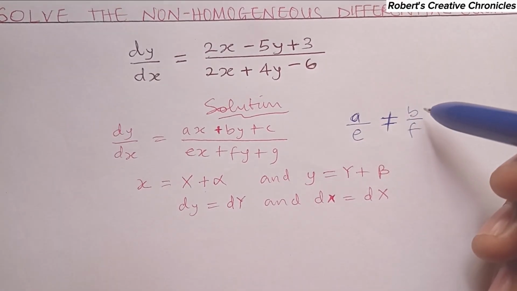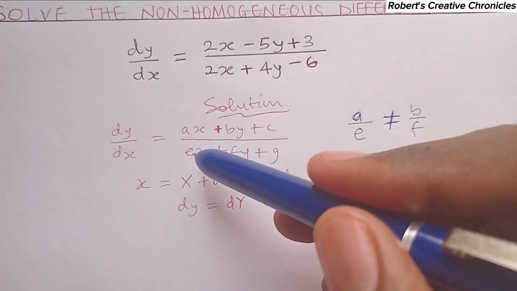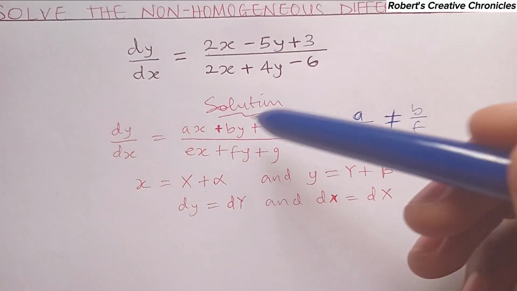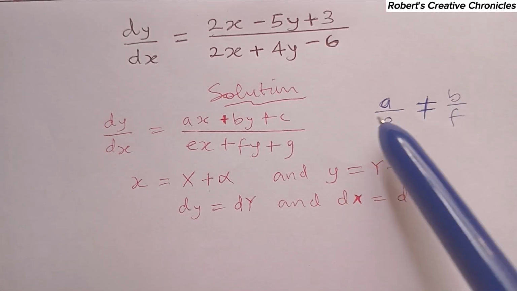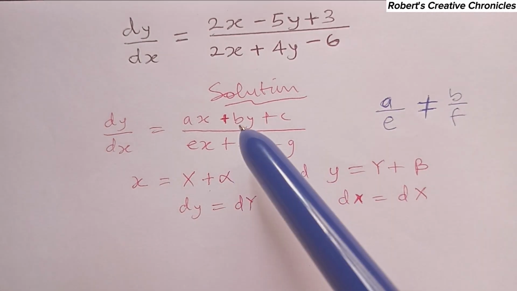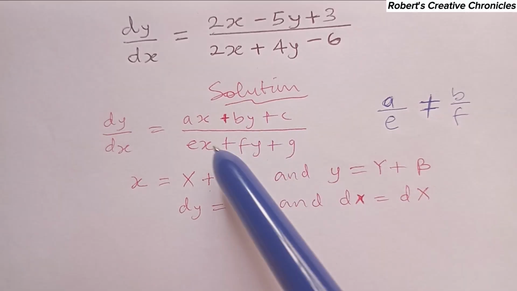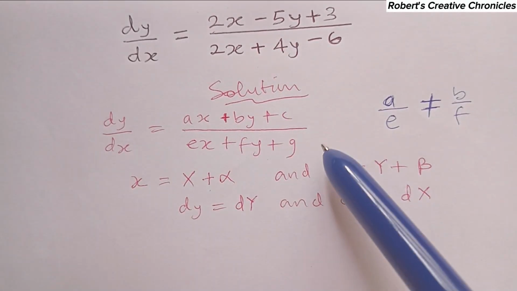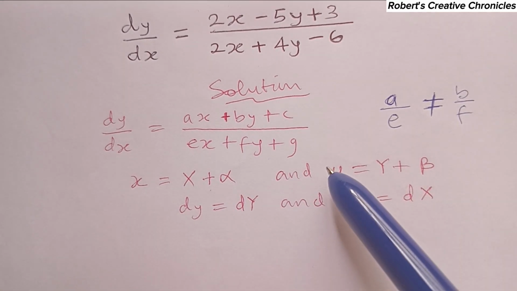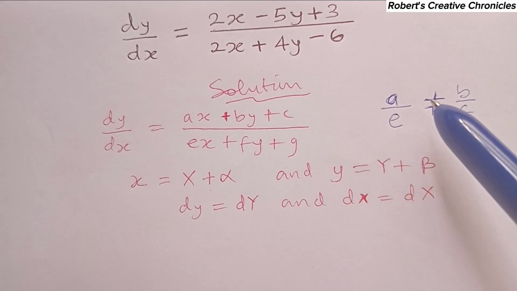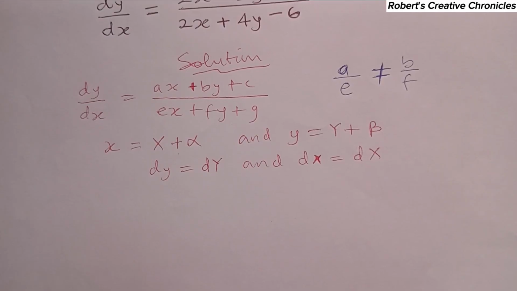Because if these ratios are equal, it means that the two equations we get after substituting, for finding alpha and beta, are not independent, and so we cannot solve uniquely for alpha and beta. When I substitute, I'll show you the equations. So we can proceed.